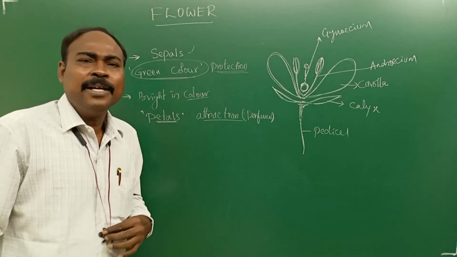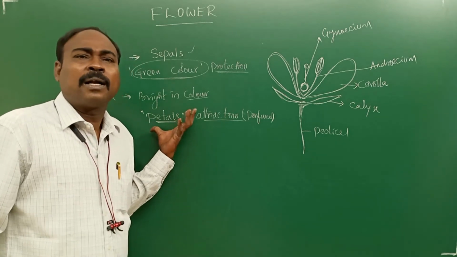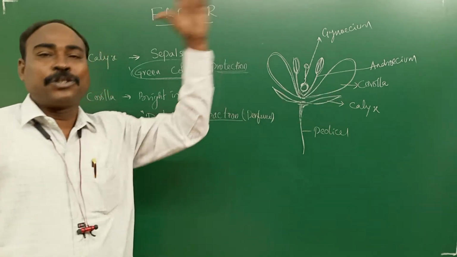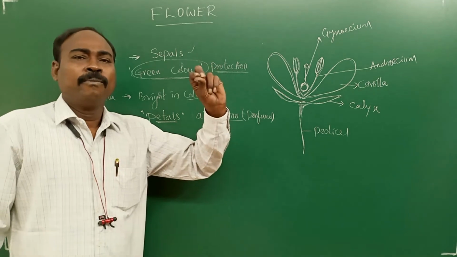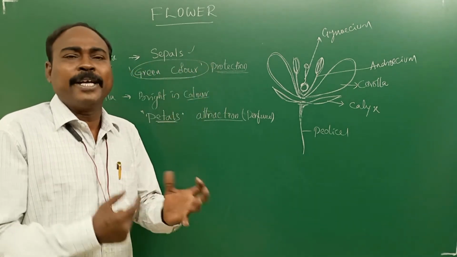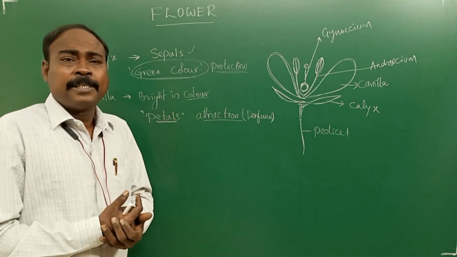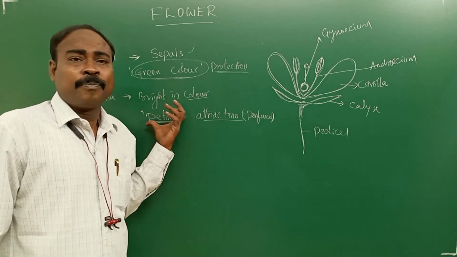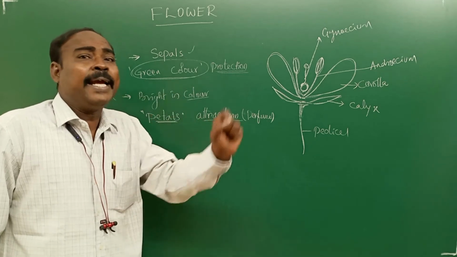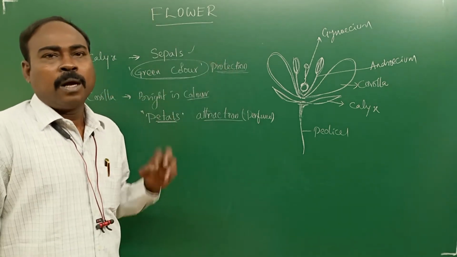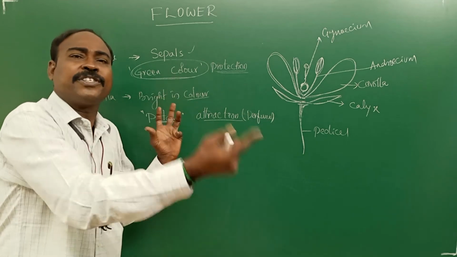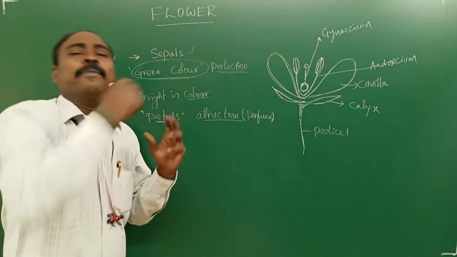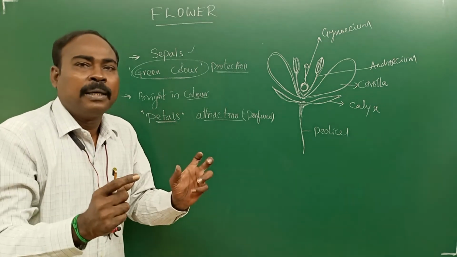What is the necessity to attract insects or birds or any animal? It brings pollination. During the fertilization period, that means during the matured period, these colored petals attract the pollinating agents.